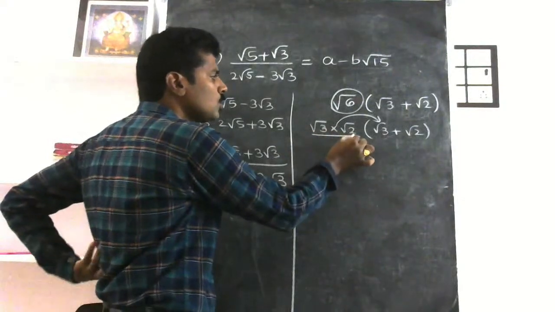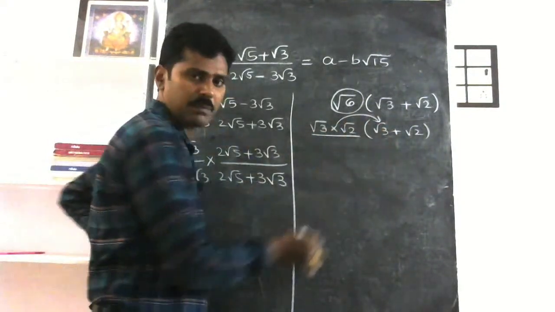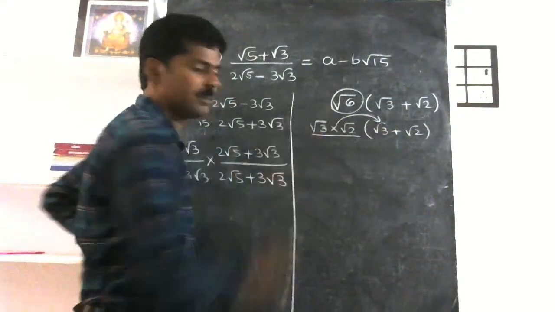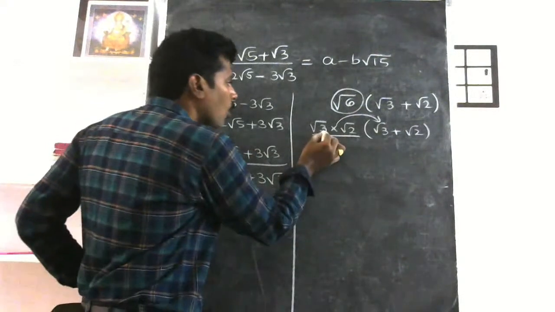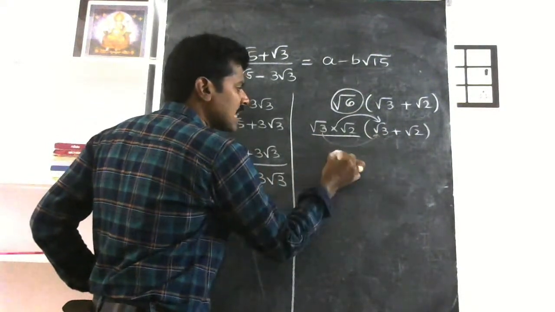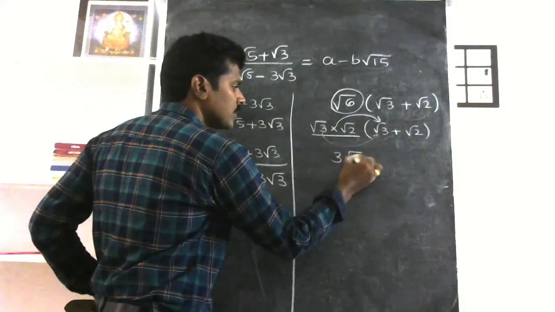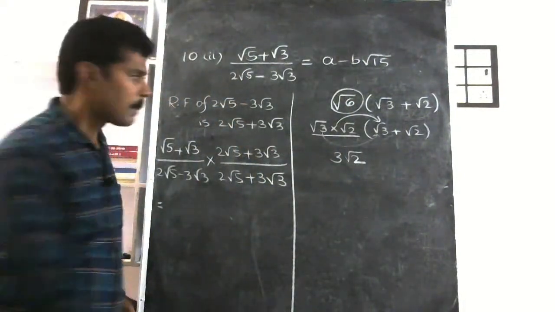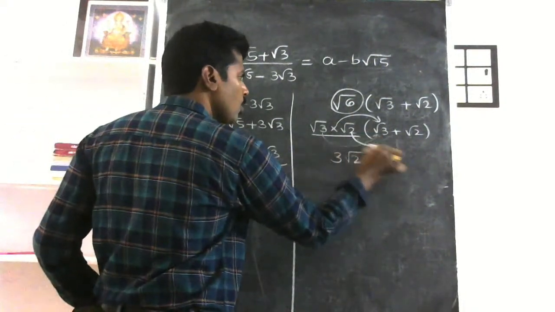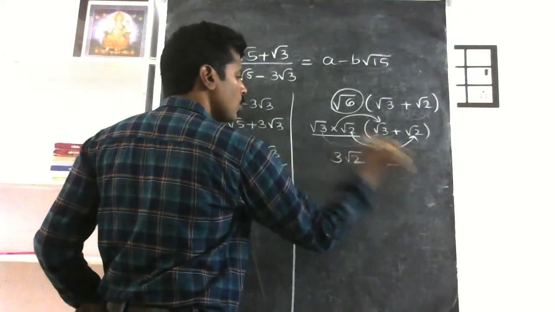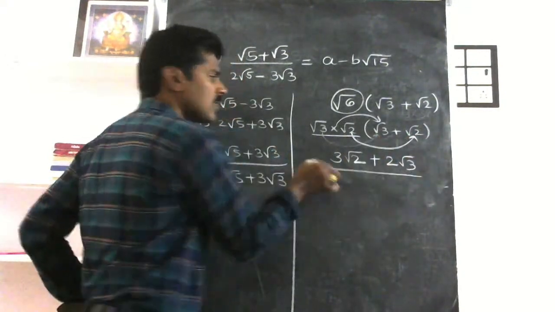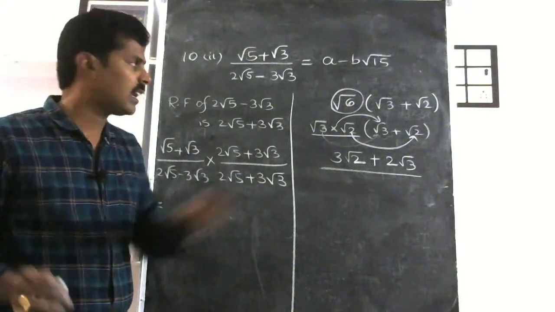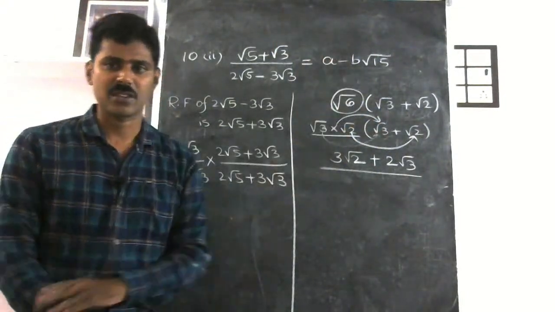Root 3 into root 2 is multiplied with root 3. Root 3 into root 3 becomes 3, so we get 3 root 2, plus root 2 into root 2 becomes 2, so we get 2 root 3. That's over. No need to simplify root 18 again with prime factorization.